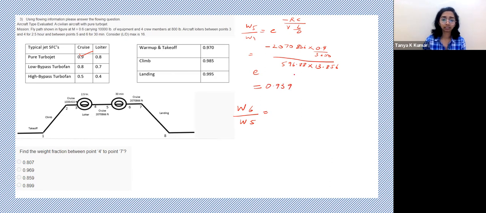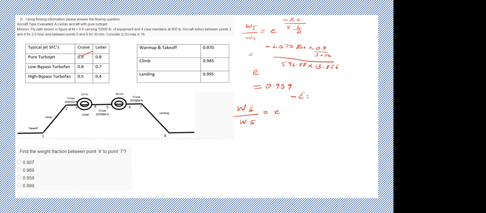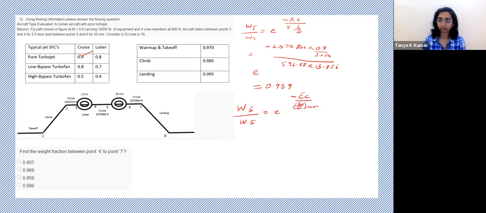Now W6 and W5, W6 by W5, what is the equation? E power. It's loitering, right? So it's minus AC L by D, L by dx. That will be power minus, it's 30 minutes.